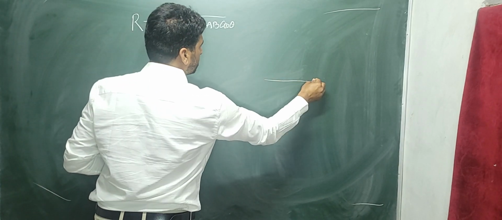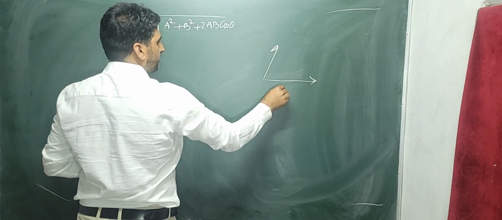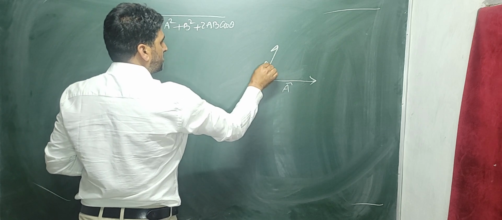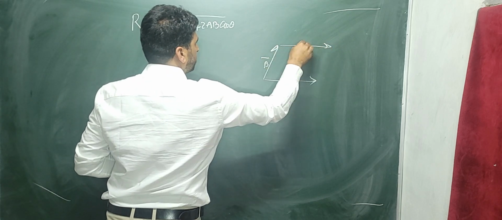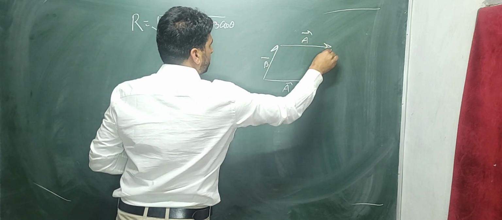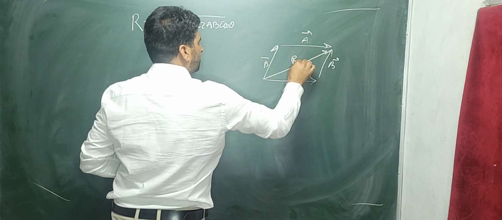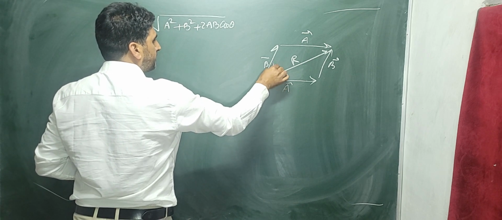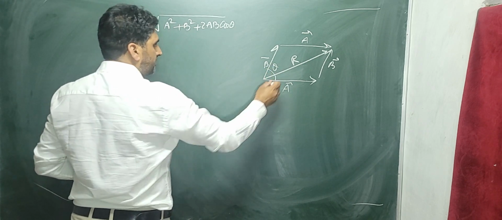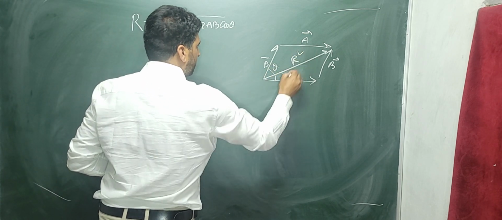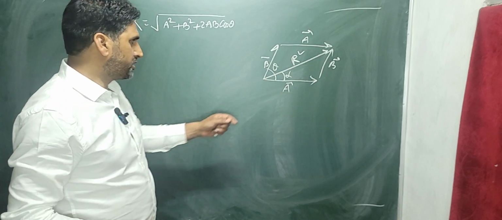This is if the two vectors are like the two sides of a parallelogram. This is A, this is B, and draw lines parallel to A and parallel to B. You get the resultant R, theta is the angle between the two vectors, and alpha is the angle that shows the direction part.